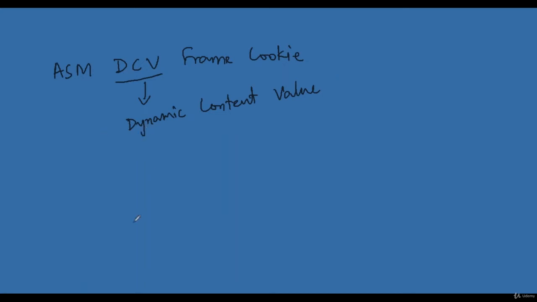Starting with version 11.4 and later, this DCV frame cookie can store up to 237 parameter value pairs.